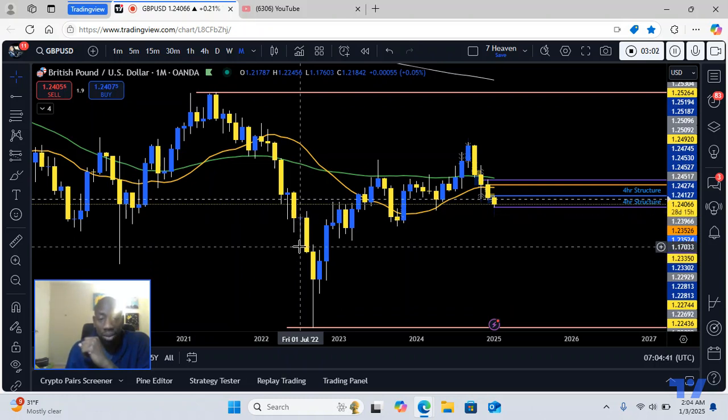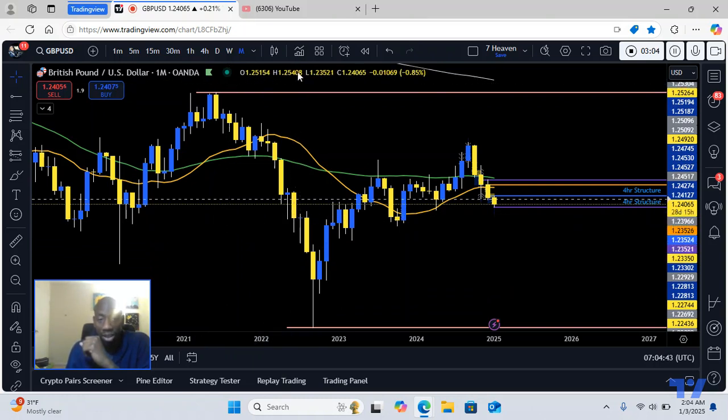To see these numbers, you've got to use this, the number one nerd tool I use. You have the O for open, H for high, L for low, and C for close, and then the current price.